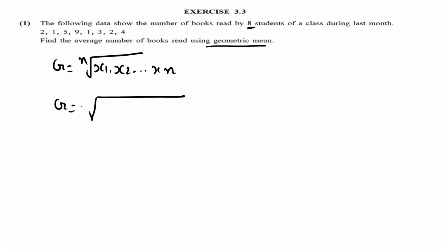G is equal to, how to write? Roll number 31, how to start the question? 2 into 2 into 1 into 2 into 1 into 9 into 5 into 9 into 1 into 3 into 2 into 4.